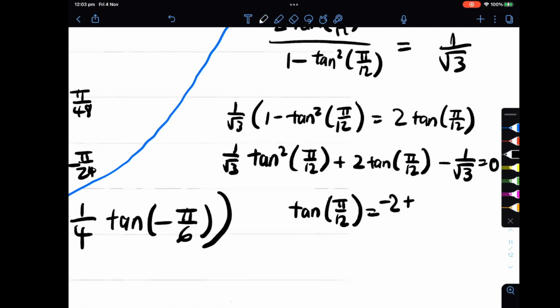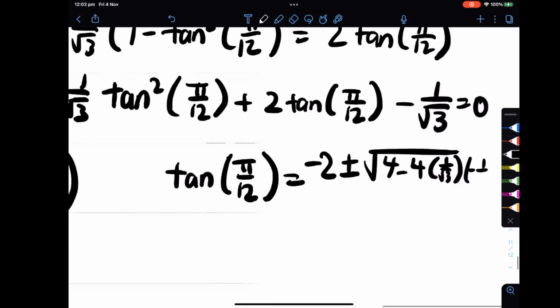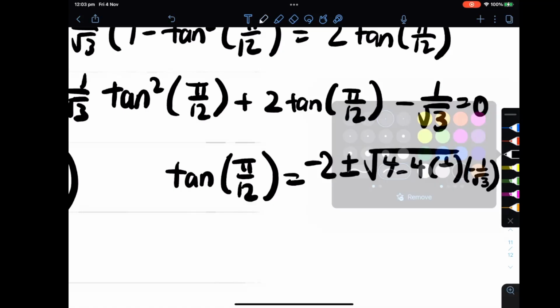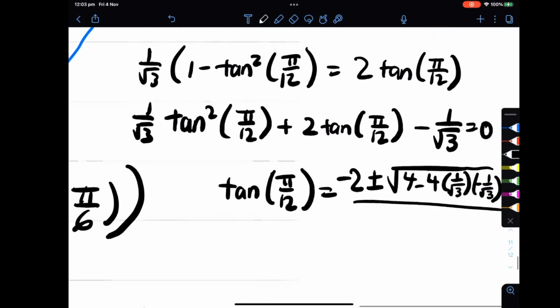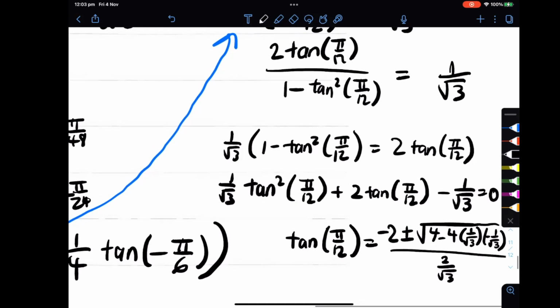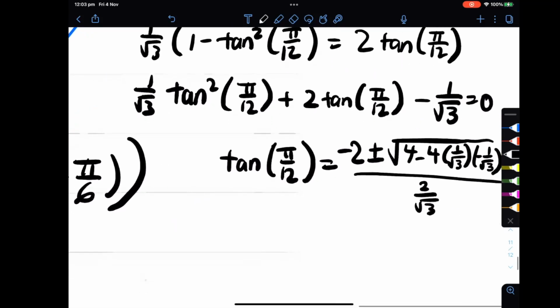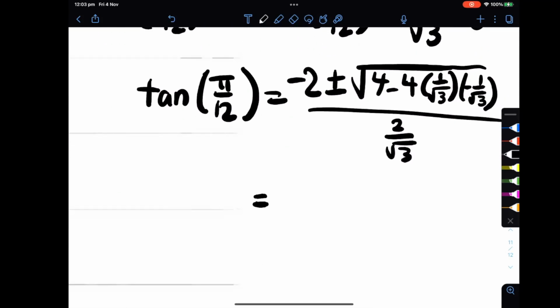Negative b plus or minus the square root of b squared, which is 4, minus 4ac. Wow, this is annoying. Hopefully you can see my writing here. And this is all over 2a, which is 2 on root 3. This here becomes 4 on 3 if we multiply it.